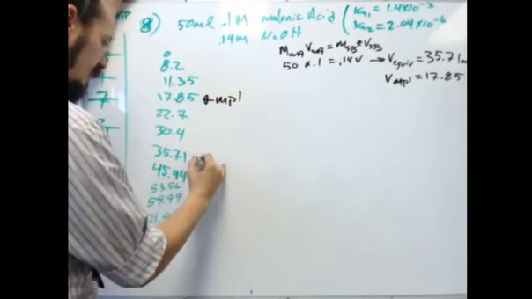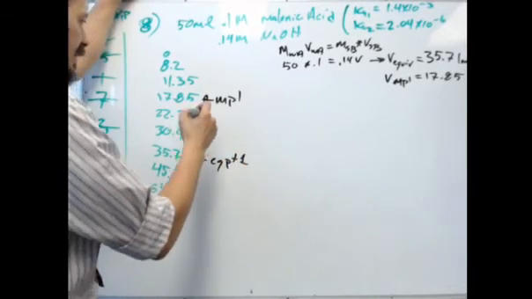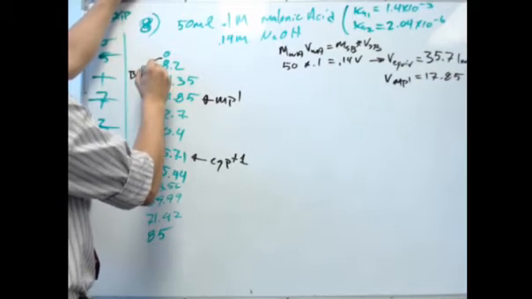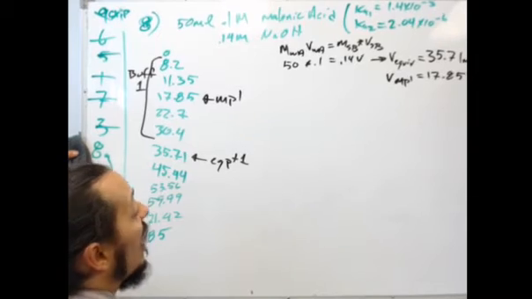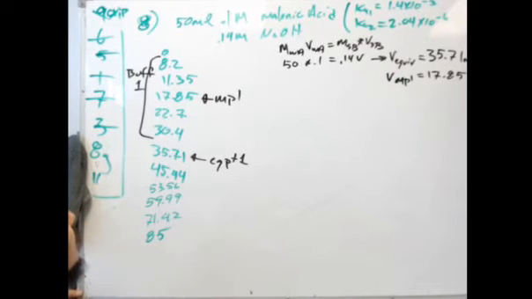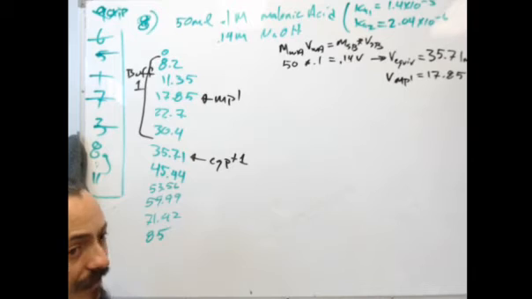Midpoint 1, equivalence point 1, buffer 1. 35 plus 17 is going to be, what's 35.7 plus 17.85?